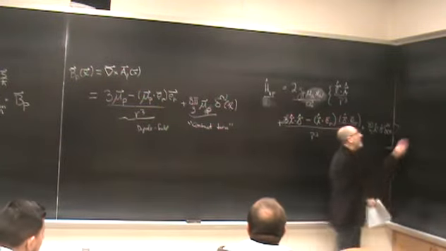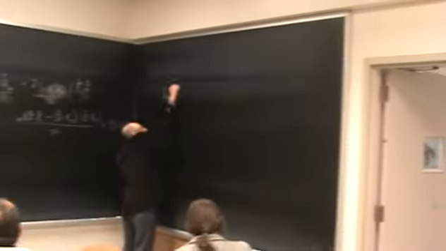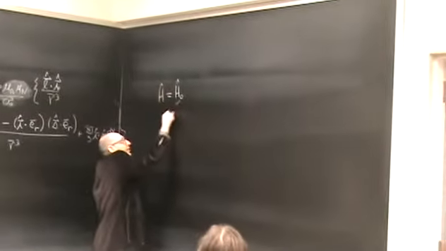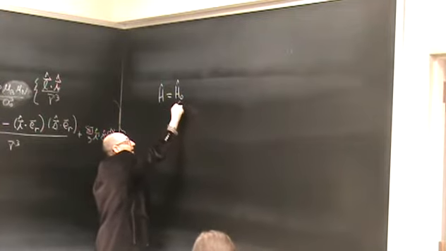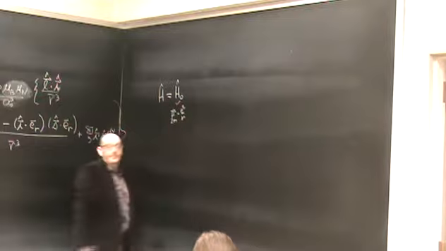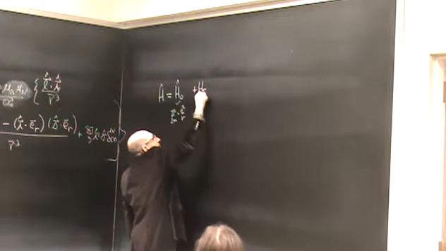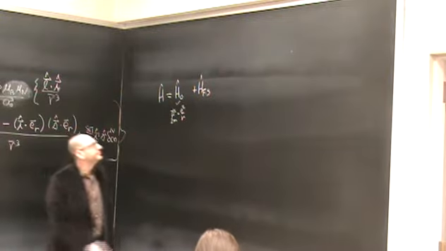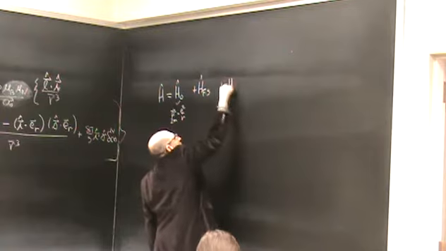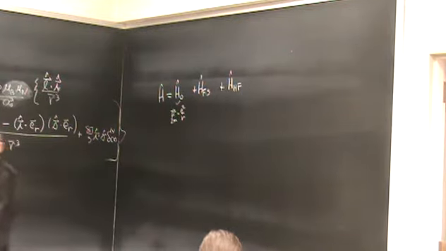Now, our Hamiltonian here is H0, which is just p squared over 2m minus e squared over r, right? We have the fine structure Hamiltonian, that's what we wrote down over here. And then we have the hyperfine Hamiltonian.